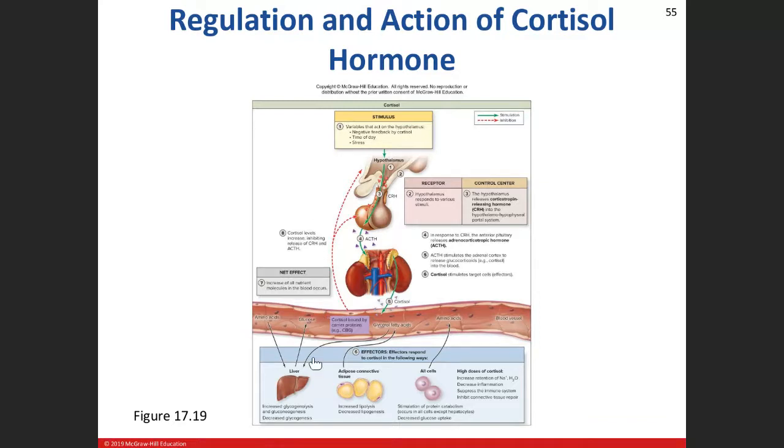All right, so our liver, look at it right here. Boom, increase glycogenolysis and gluconeogenesis, while at the same time, I'm rushing here, let me slow down. At the same time, it decreases or inhibits glycogenesis. Golly, I cannot talk today.